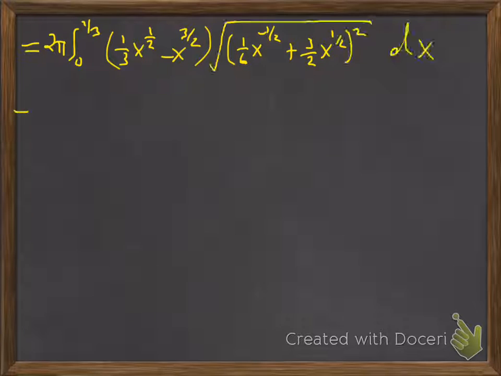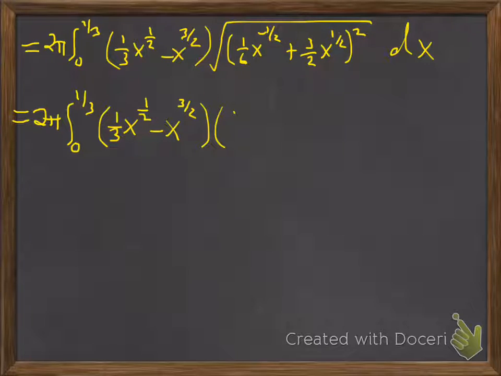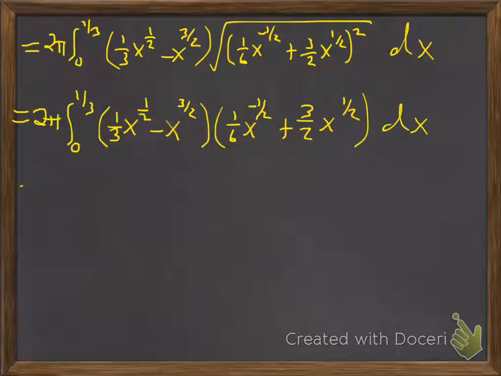Okay, so we'll rewrite what we had on the previous slide there. Okay, so we're just having the square root and the square undo each other.